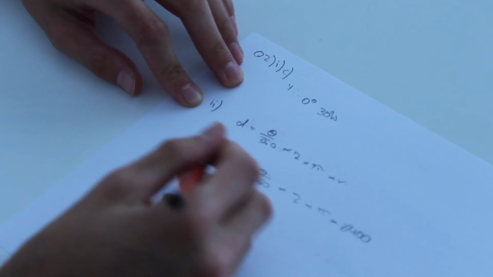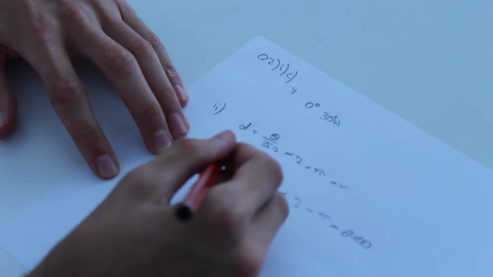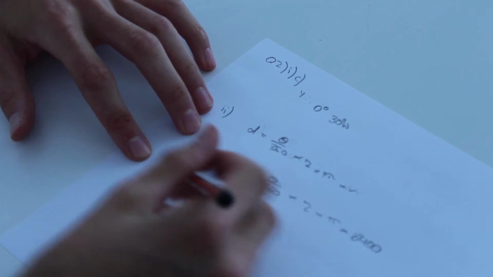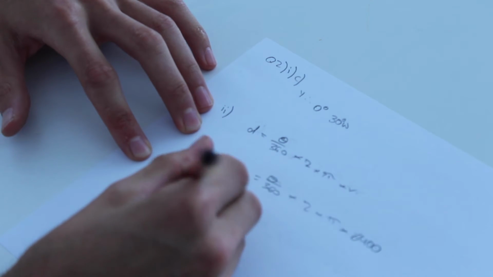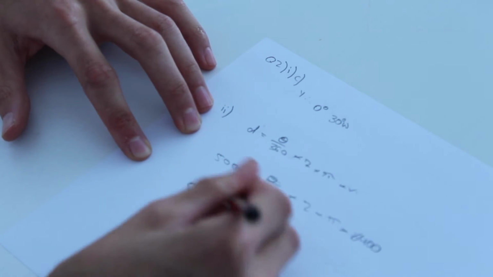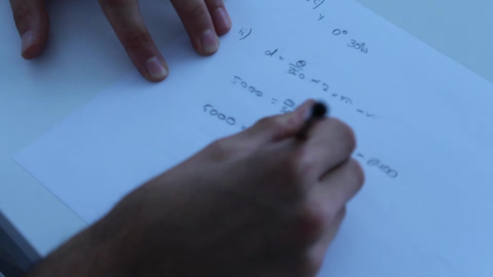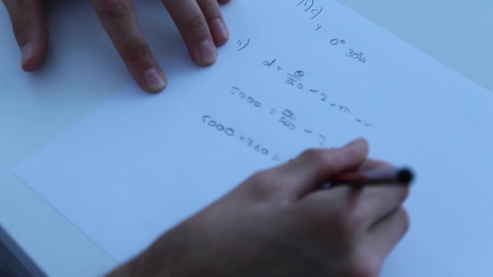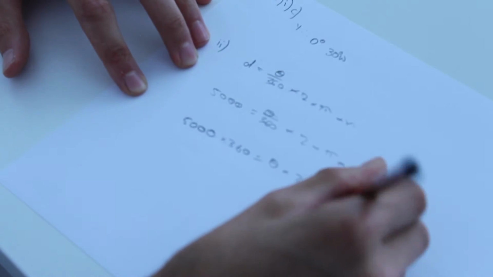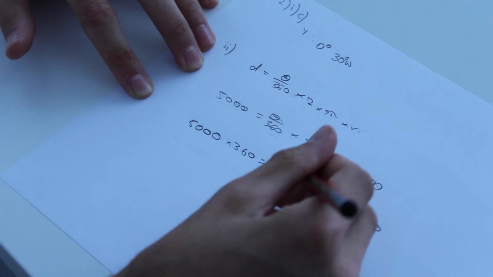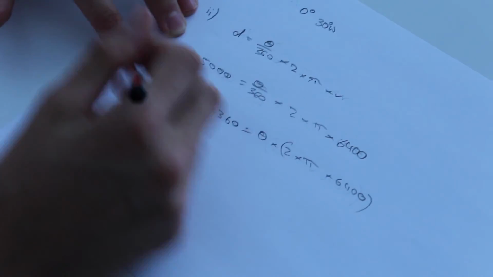6,400 kilometers. So now what we're going to have to do is bring 360 over to the other side here. So we're going to have to do 5,000 times 360 is equal to theta times 2 times pi times 6,400. So now we'll put this in brackets to show this is all work together. So now we need to bring the brackets over to the other side.